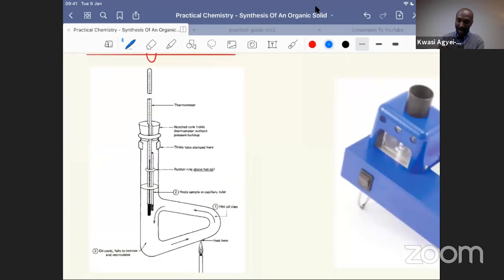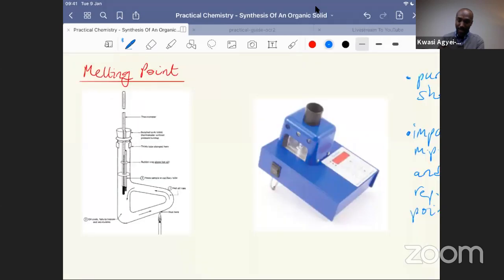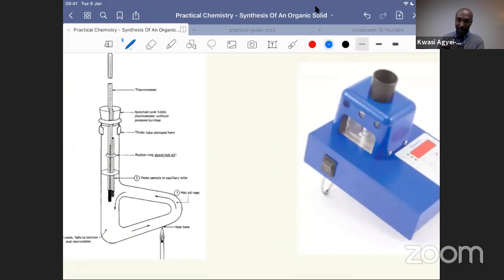This is a Thiel tube, and it might look as if it is a completely sealed system, but in fact there is a notch in the bung. A notched cork holds the thermometer without pressure building up. So there is a gap in there to allow the release of any pressure.